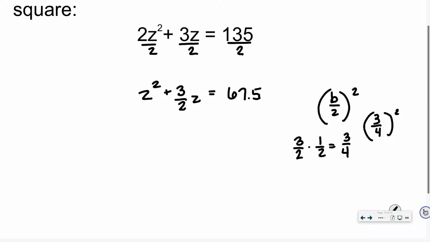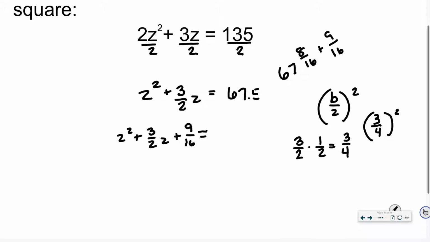Right? So I'm going to add 9/16. And here, I'm going to say 67 and 8/16 plus 9/16. So I have 68 and 1/16. So 68.05.